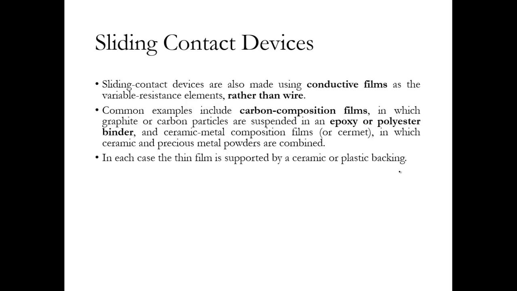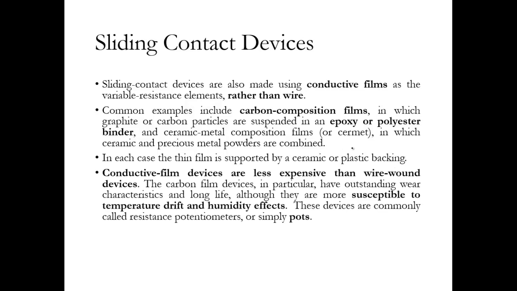In all these cases, it's backed by plastic layers, which support the carbon composition films or the ceramic ones. Now they are generally less expensive than wire-wound devices and have outstanding wear characteristics and long life. But the disadvantage is that they are susceptible to temperature drift and humidity effects. And these are generally called pots or potentiometers.